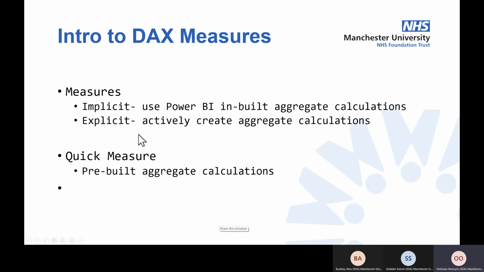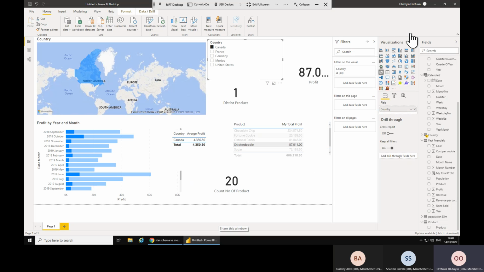So there's what we call implicit measures and explicit measures. I'll just explain all that. We have all this DAX, so all these measures like cost, which is generated based on our data by Power BI. Now they have a sigma sign in front of them.